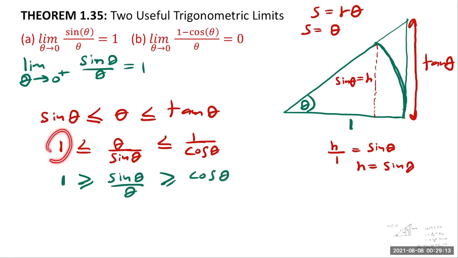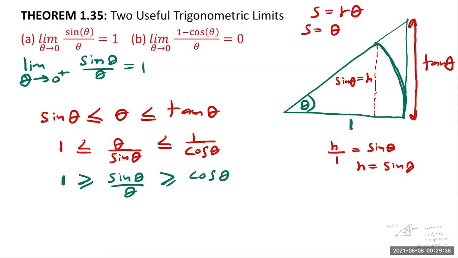When you switch the top and bottom, you have to change the inequality. I can do this because I know that all these quantities are positive, because my angle theta is a very small positive angle. All right.